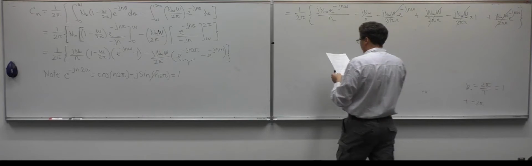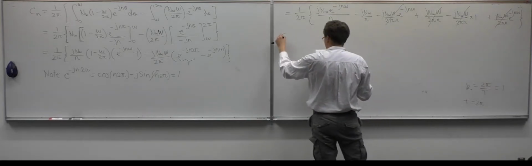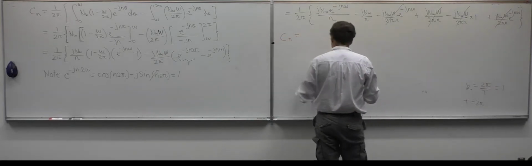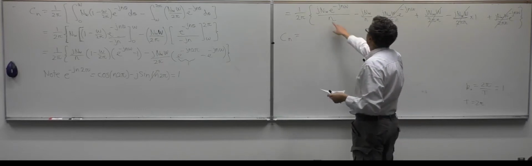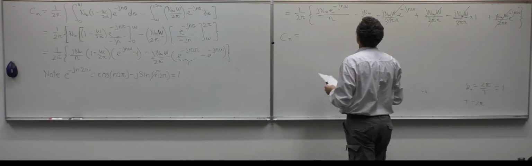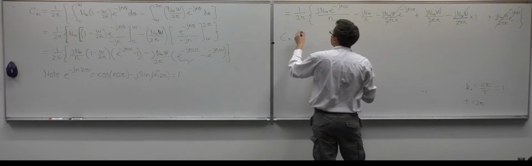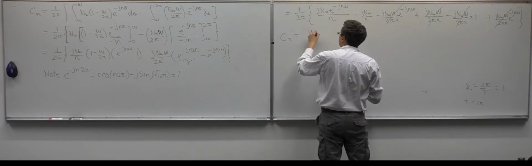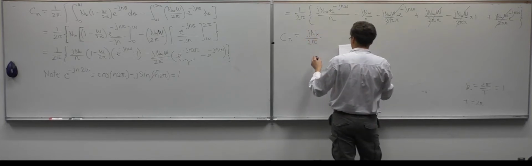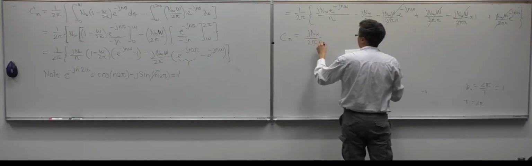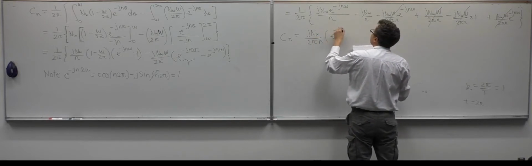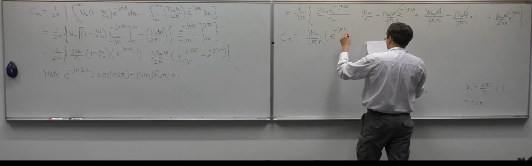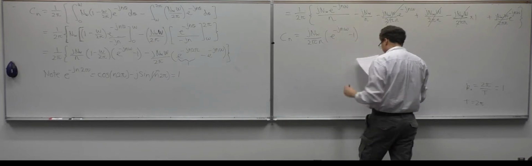So then we get finally that Cn is equal to just these first two parts, so that n sub w can come out and the j can come out. So we have j n sub w divided by 2 pi n, and that's multiplied by e to the minus j n w minus 1, like that.